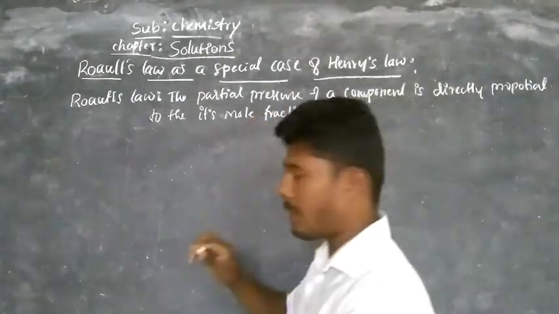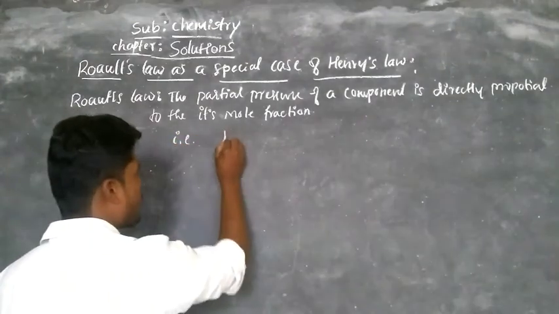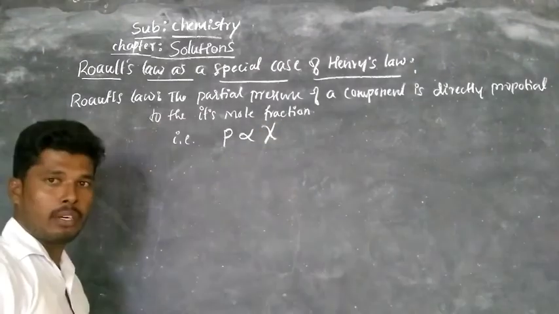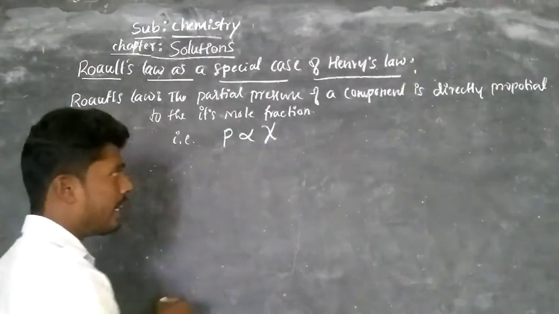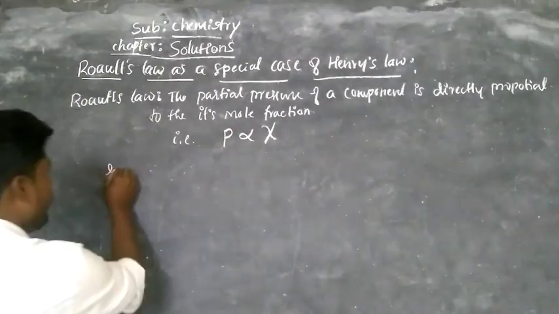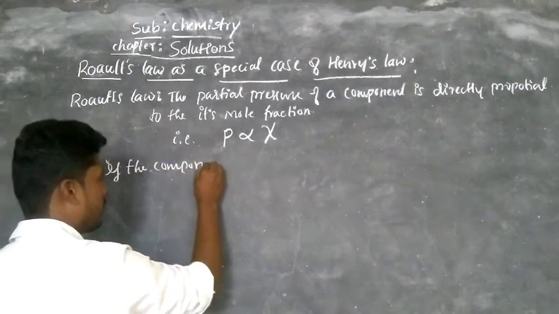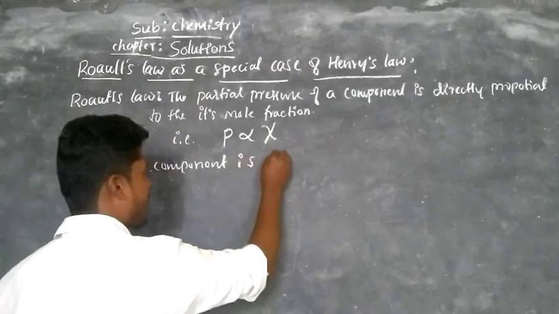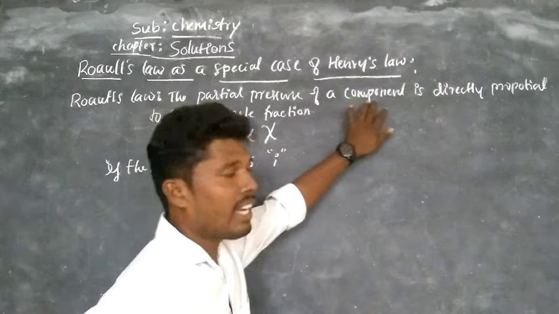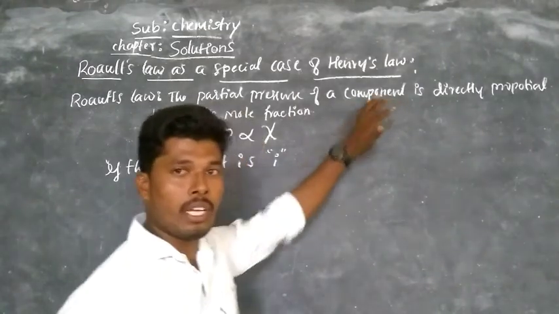According to this, the mathematical equation: the partial pressure P is directly proportional to the mole fraction. Let's take the component as i. Observe here, we do not say whether the component is A, B or C; generally we are saying component.